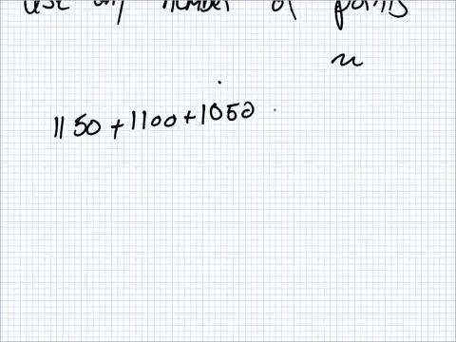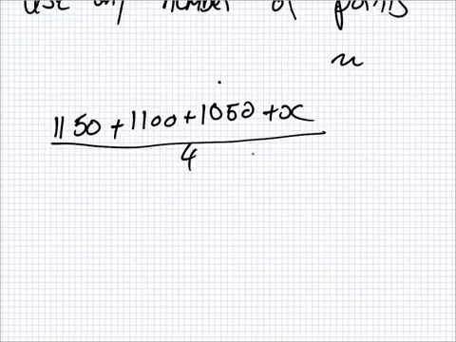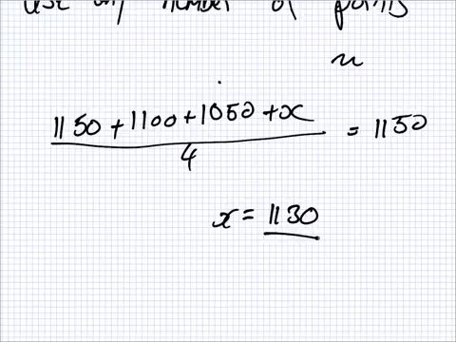Like this, plus x, over 4. That should equal 1150. Okay, did anybody get the x? What is it? 1130? Yeah?